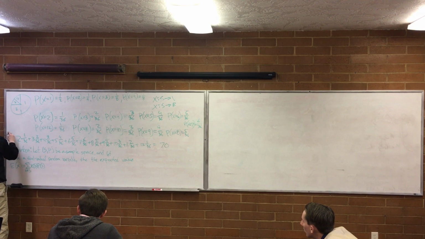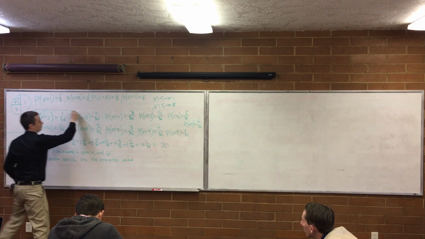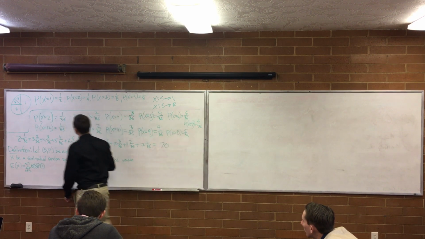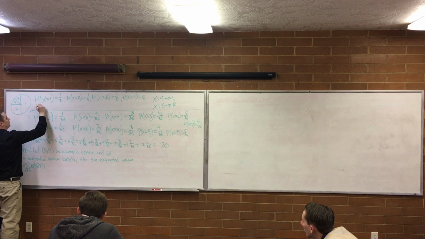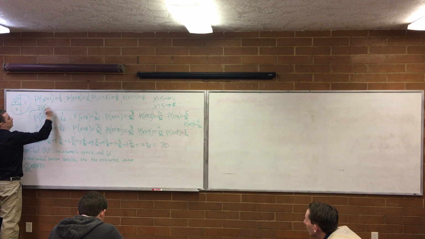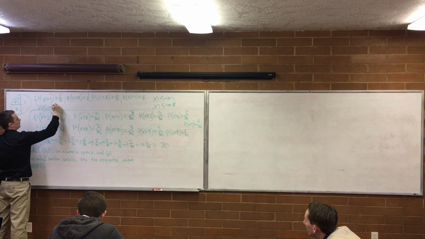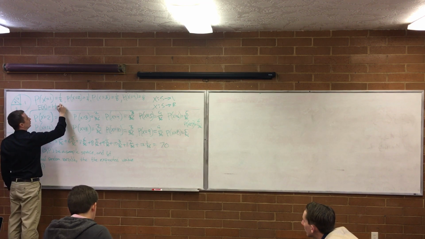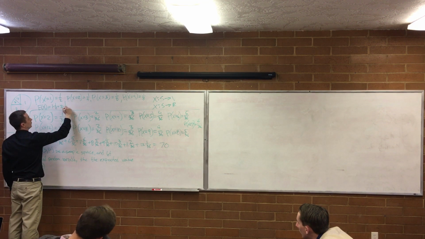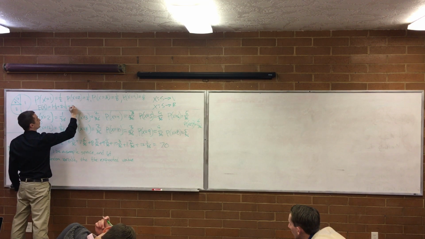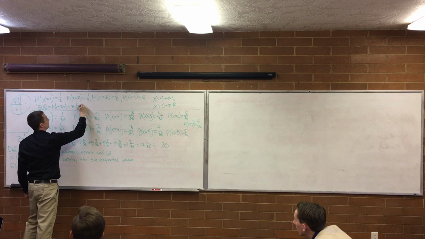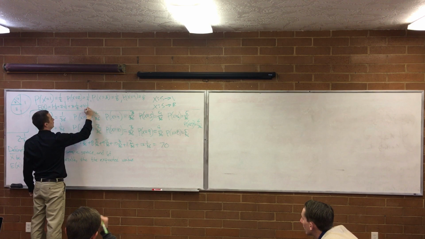So looking up at the spinner, we kind of have two examples up here. Up here, what was the expected value for the spinner? That was equal to 1 times 1/2 plus 2 times 1/4 plus 3 times 1/8 plus 4 times 1/8, right? Okay.